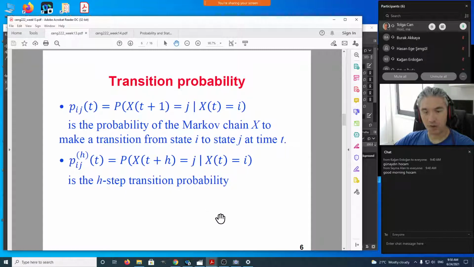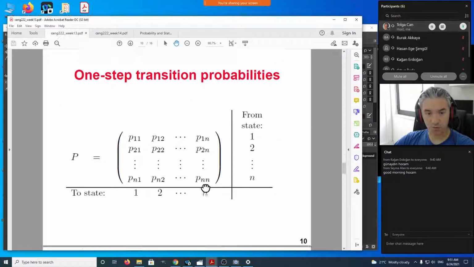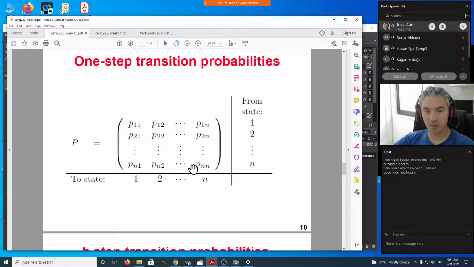And one way to do it is to take the successive powers of your state transition matrix, the one-step transition probabilities. If you take the second power of this matrix, it will give you the two-step transition probabilities. The third power of this matrix, which is an n by m matrix, you can multiply with itself.